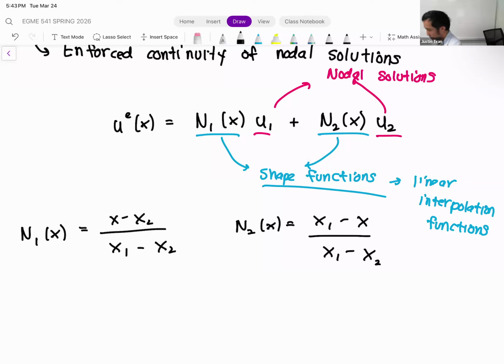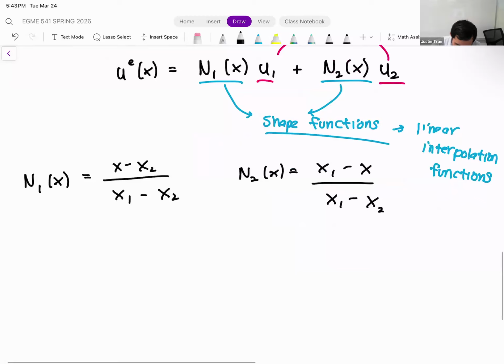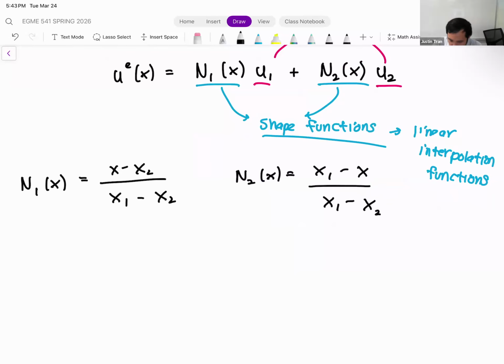Okay, good. All right, one other thing that we'll compute right now, just because we'll use it later, is let's compute the derivatives of these shape functions as well. To take the derivatives of these simple linear functions, we're just going to take the derivative of the x term.